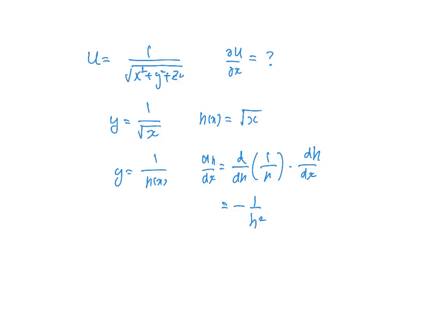And dh/dx for the square root of x is 1 over 2 root x. So it is minus 1 over 2 times x times the square root of x.